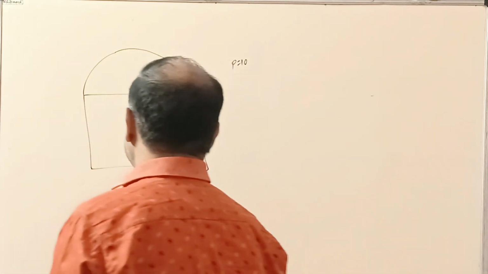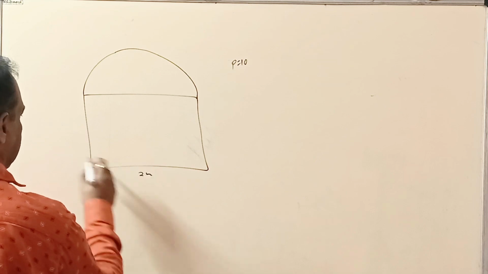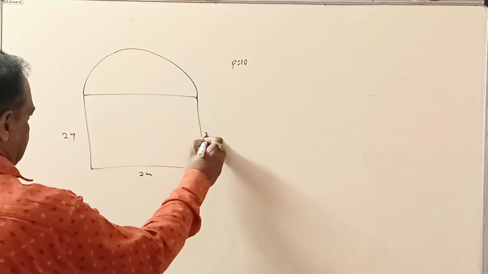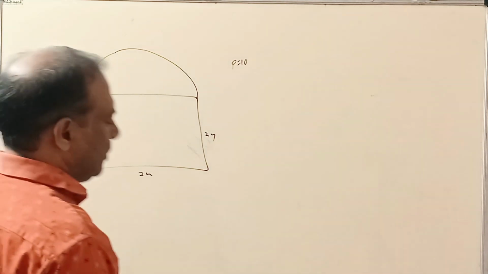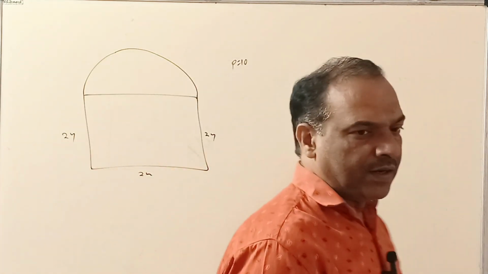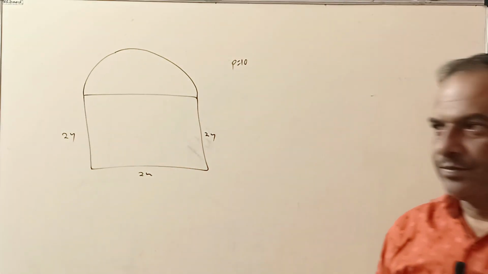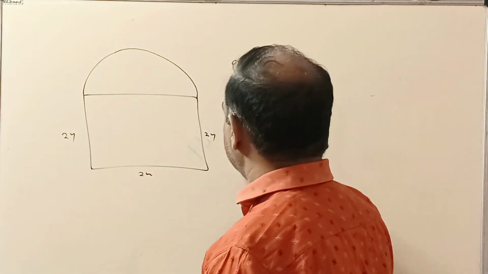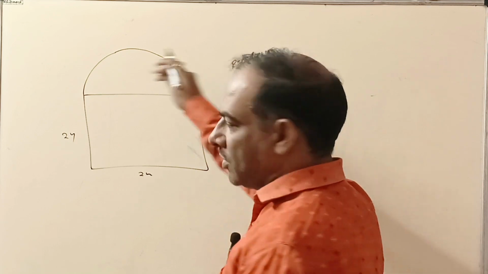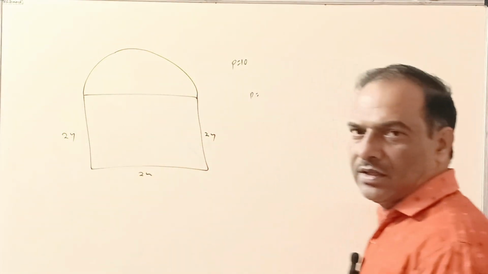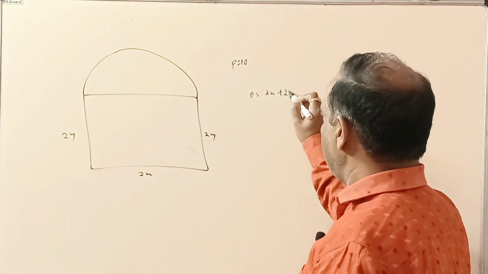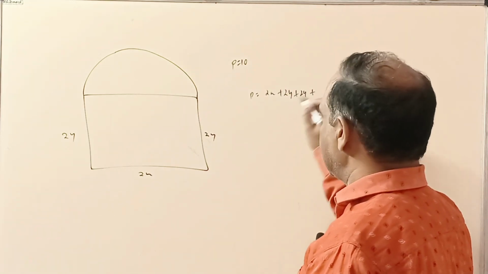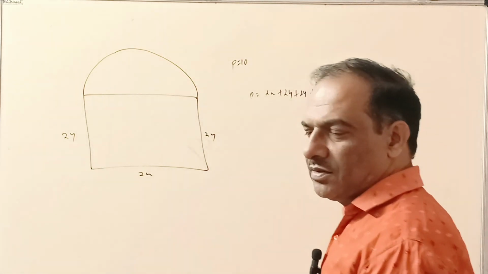Now, let this base be 2x, the side is 2y. Okay. Now, what is the total perimeter in terms of x and y? We can say that perimeter is equal to the sum of the outer boundaries, and the outer boundary means this is 2x plus 2y plus 2y and plus the circumference of the semicircle.